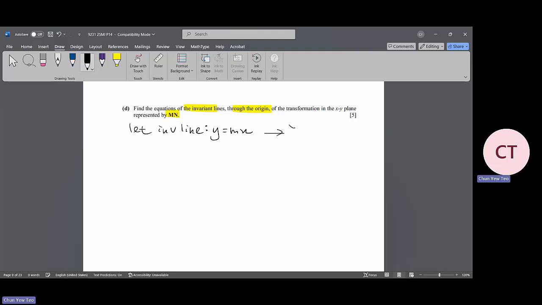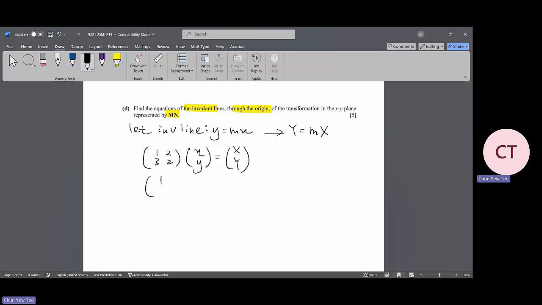After you transform, it will become Y equal to mX, with uppercase X and uppercase Y. So your Mn, following part C, is [1, 3; 2, 2], multiplied by the x and y.